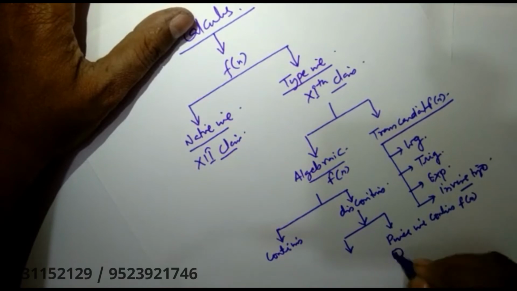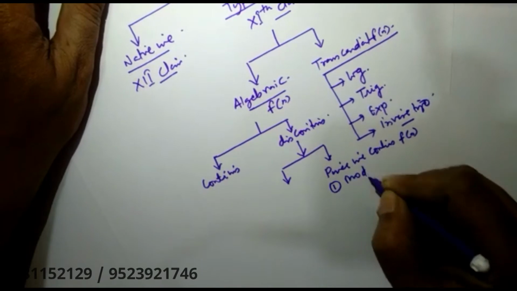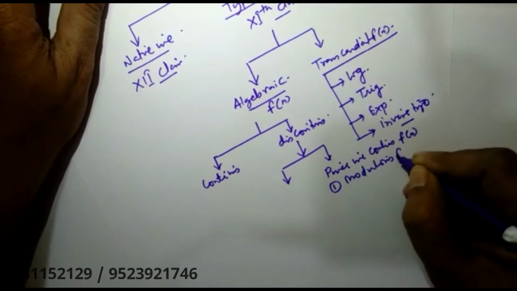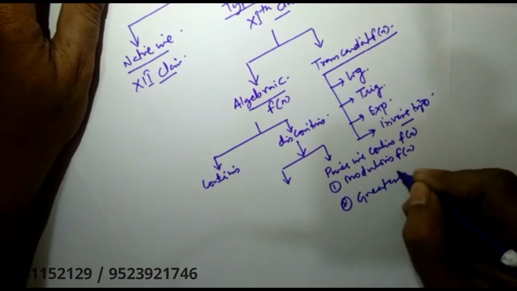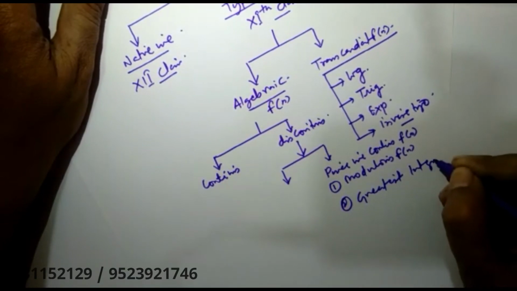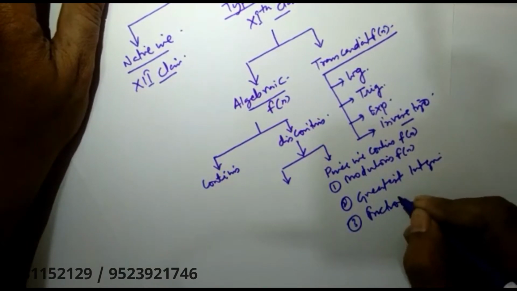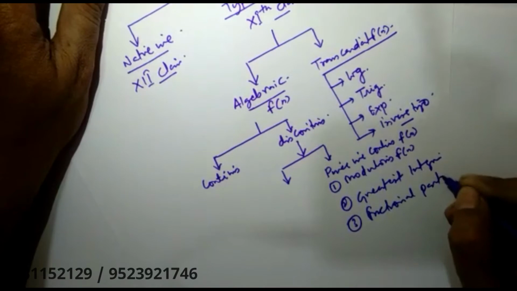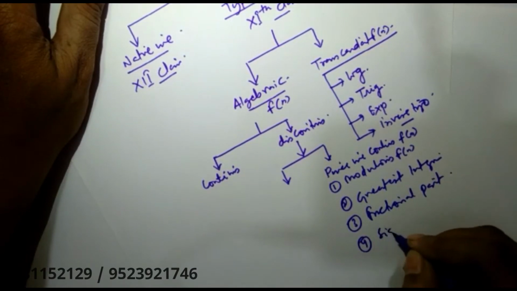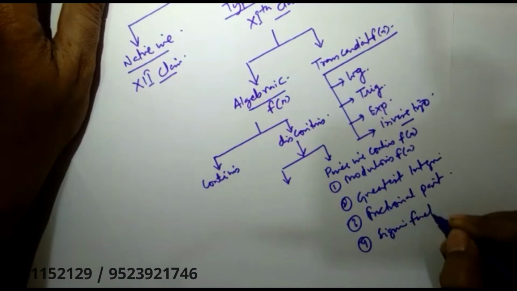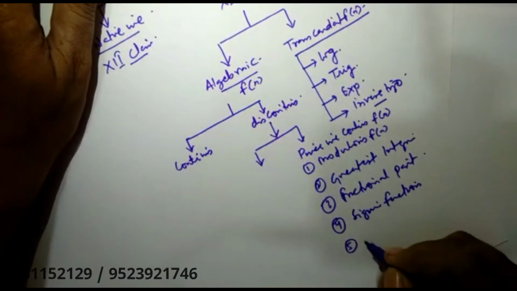In this category, we will discuss modulus function, greatest integer. Third one is fractional part. Fourth one is signum function, and fifth one is your least integer.